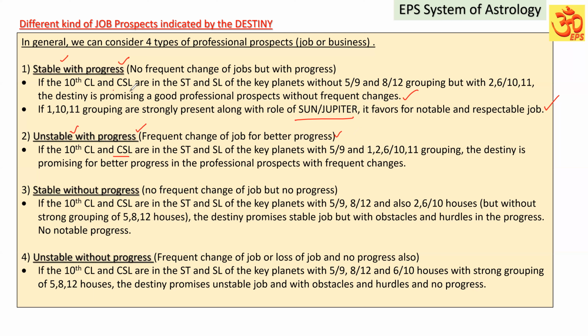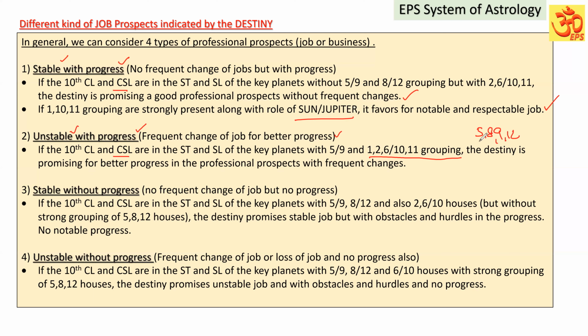The 5th house, 9th house, 8th house also can be there, but with 5 or 9 and favorable grouping present at the star level and sub level, the person will keep on changing to a new job with good progress.